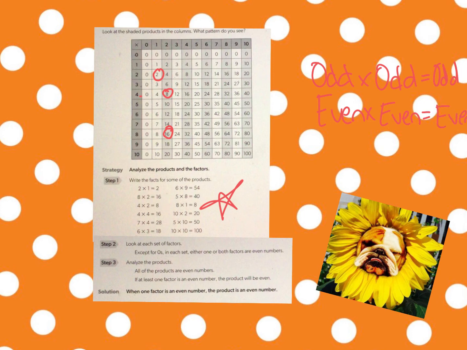Or we can do an odd number times an even number, and that's also going to be even as well. And you can use this numbers chart to help you see those different patterns. So the biggest key when we multiply, the only way we're going to get an odd number as a product is if both factors are odd.